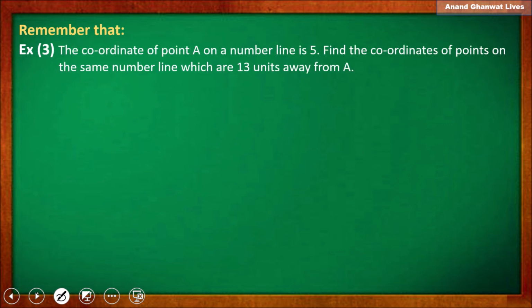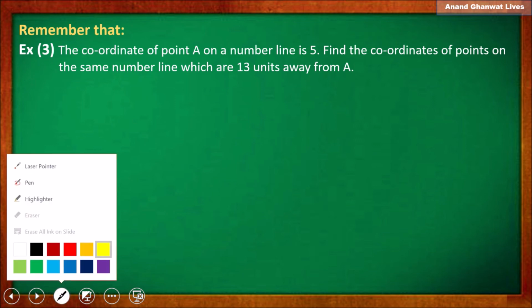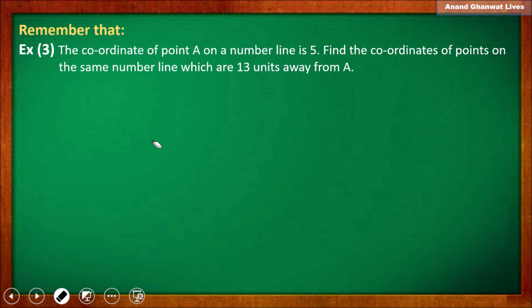Okay. Now the third example: the coordinate of point A on a number line is 5. Find the coordinate of the point on the same number line which is 13 units away from A. We are given here a line, and on this line point A has coordinate 5.